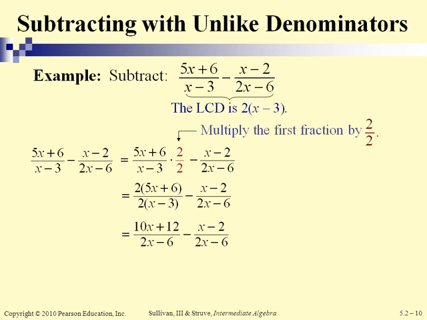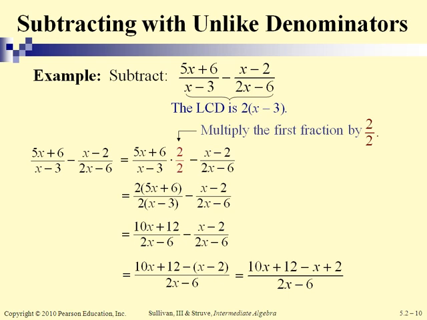You need this parenthesis because it's subtracting the whole thing. So you will have 10x plus 12 minus x plus 2. Is that okay? And you need to simplify, become 9x plus 14. So you will have 9x plus 14 over 2x minus 6. Is that okay? All right.